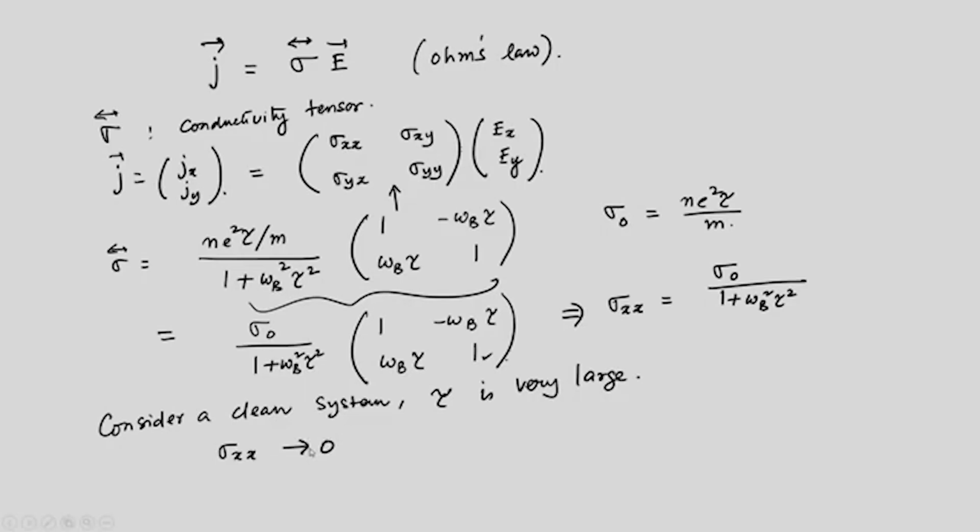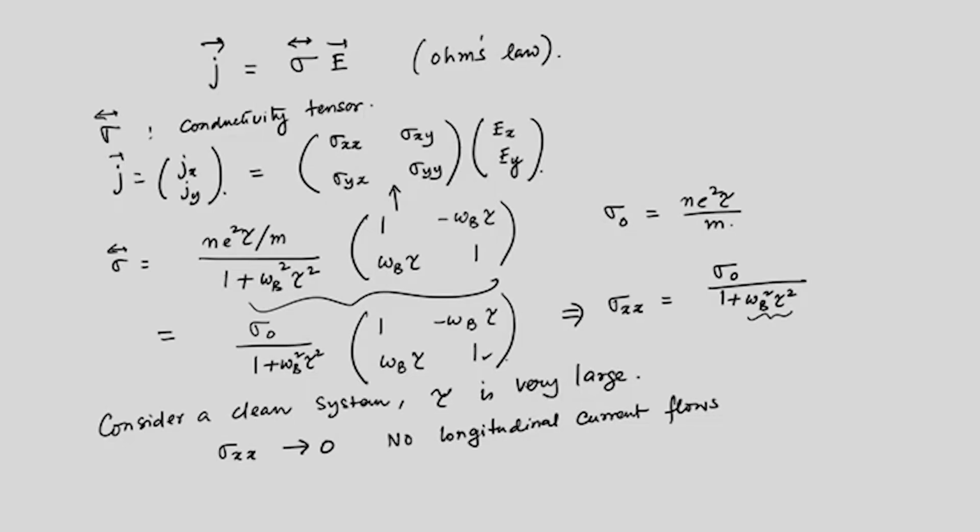Now, if tau is very large, your sigma xx will go to 0. Now, something very interesting happens. So, sigma xx will go to 0 because tau becomes very large and you can neglect 1 in front of the second term. When you have an infinity in the denominator, of course, sigma xx goes to 0. And that tells you that there is no longitudinal current, because the conductivity has vanished if the system is clean.